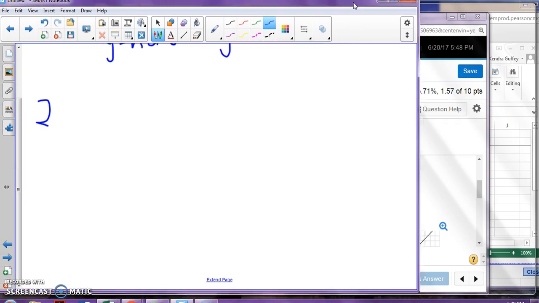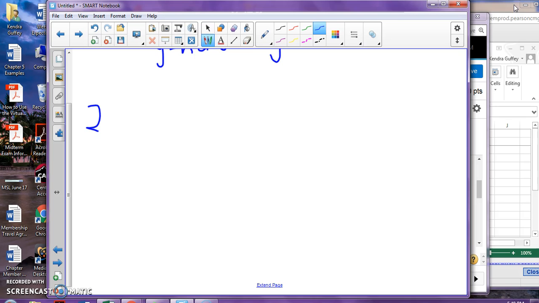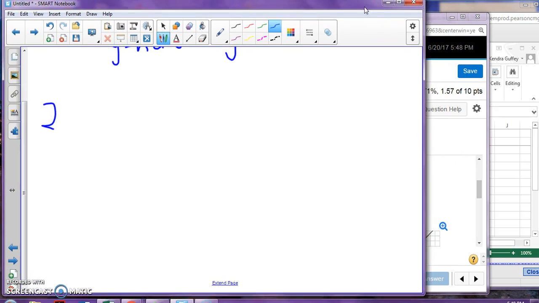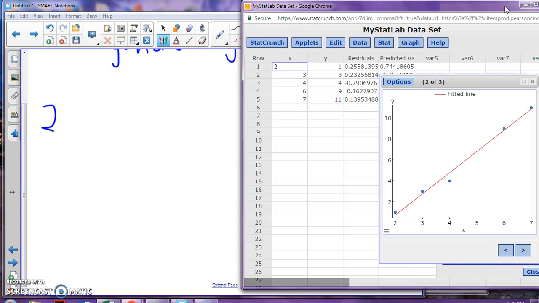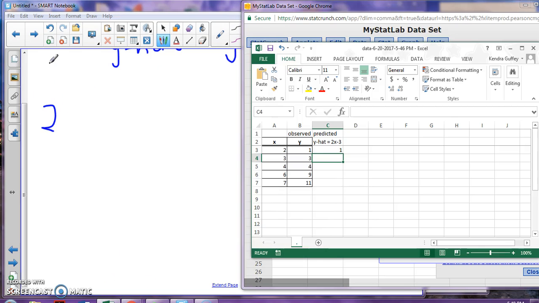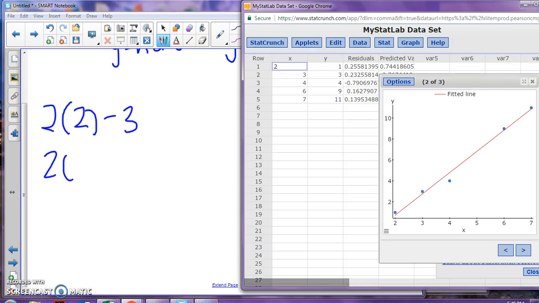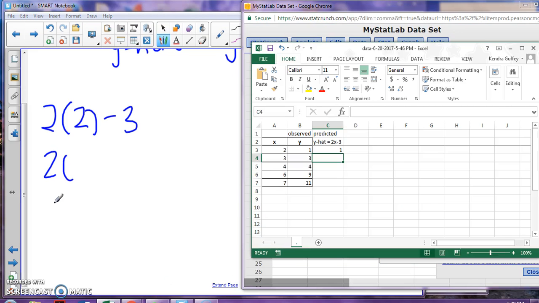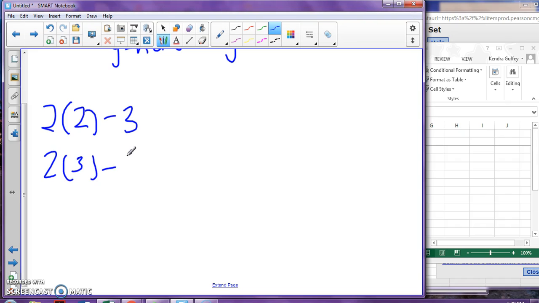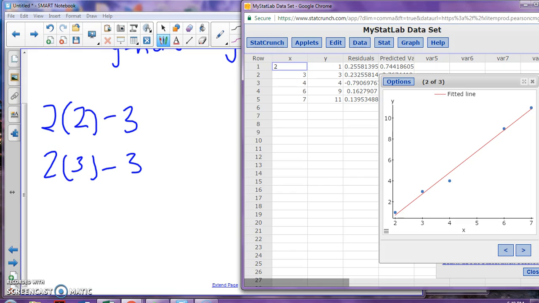So I'm going to do 2, and then I'm plugging in each of my x values. So 2 times 2 minus 3, 2 times the next x value, which is 3, minus 3. Right, so that's the same thing we're going to do in Excel.